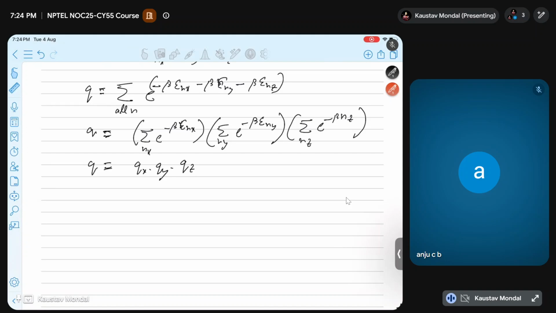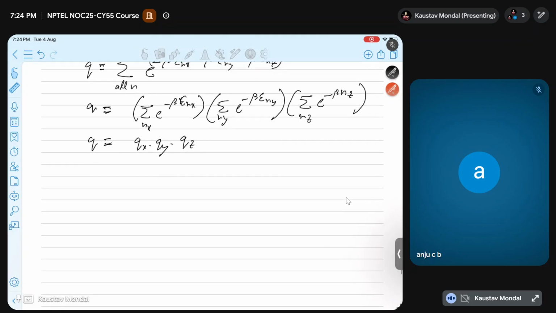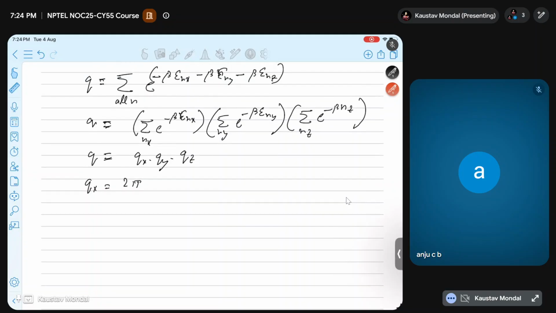So for qx, for one dimension you already knew the expression. qx is (2 pi m by h squared beta) to the power half into x. qy is similarly (2 pi m by h squared beta) to the power half into y, and qz is (2 pi m by h squared beta) to the power half into z.